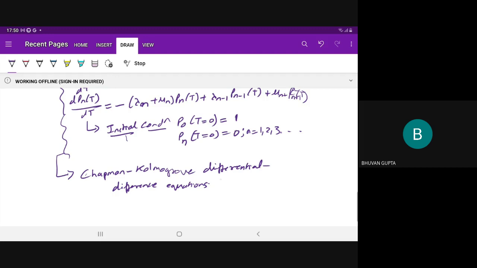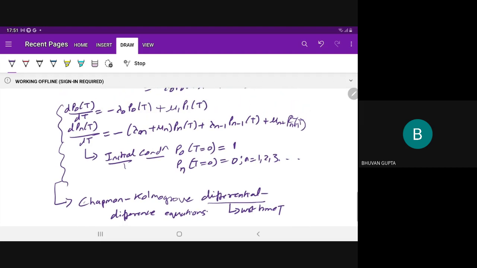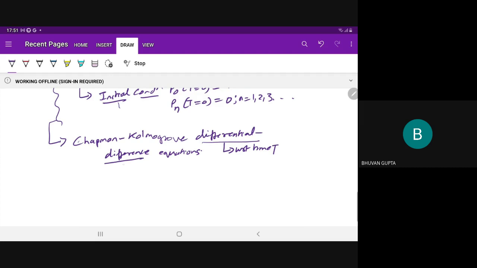The differential is generally made for a continuous variable, so it is the differential with respect to time t, dy dt, and the difference is the same as the differential but for the discrete variable, with respect to n, the number of customers.